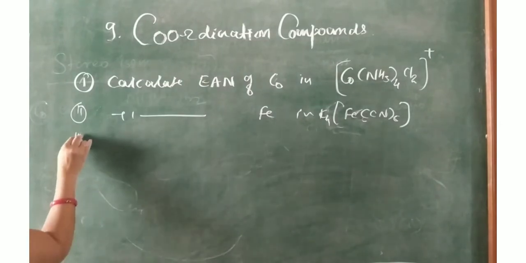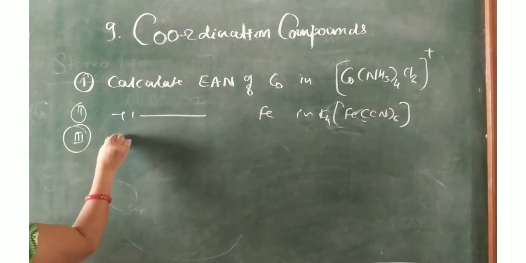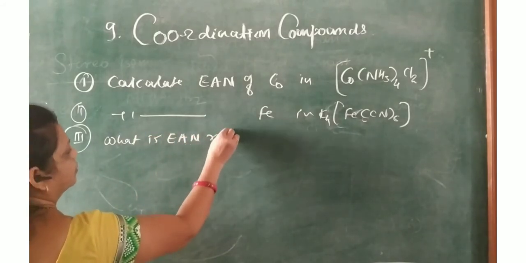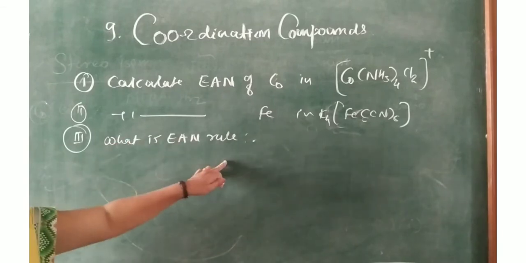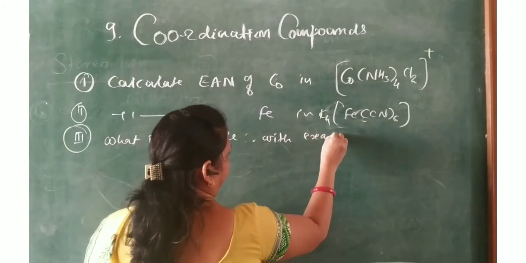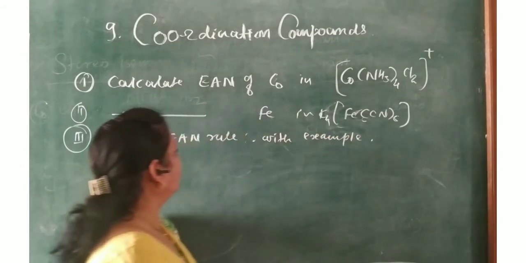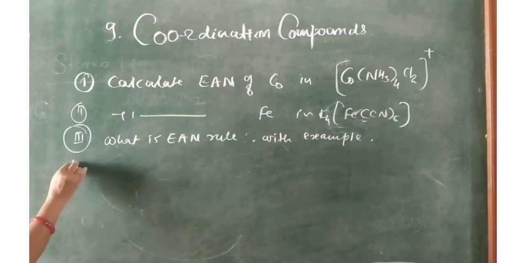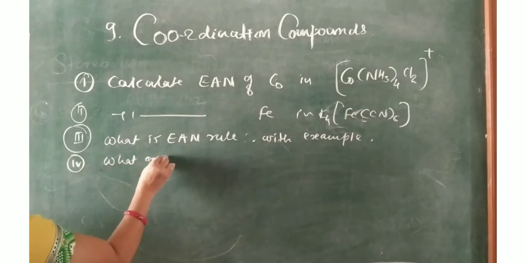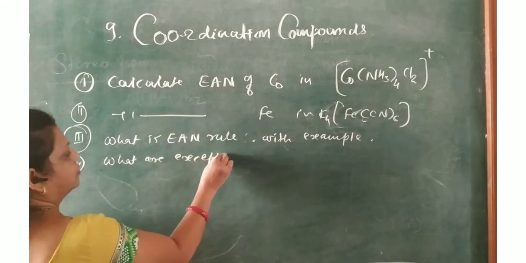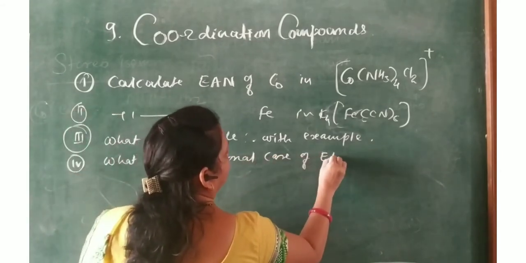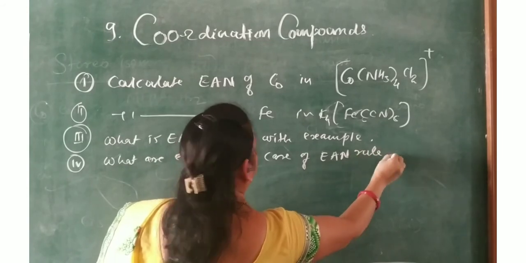Okay. Then third one, what is EAN rule, or state EAN rule with example. And what are the exceptional cases of EAN rule?